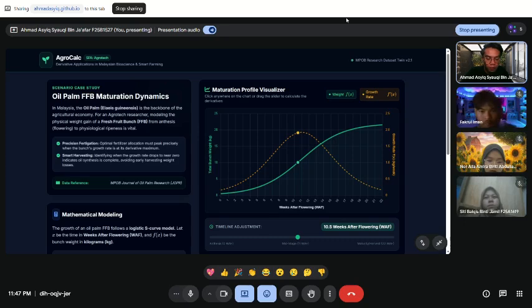Secondly, suboptimal harvesting. Harvesting too early results in low oil yield. Harvesting too late increases free fatty acids (FFA), which severely degrades oil quality. By integrating smart agricultural sensors with predictive mathematical models, we can solve these issues in real time.